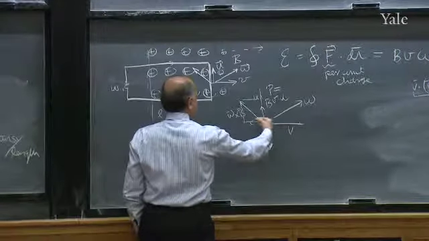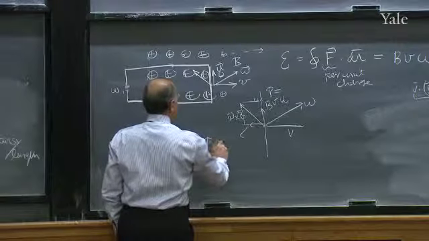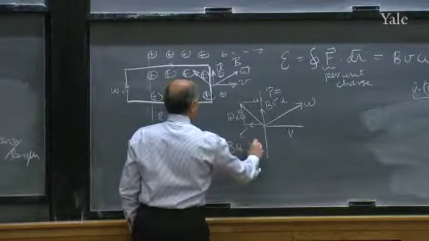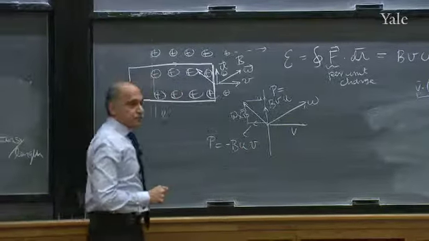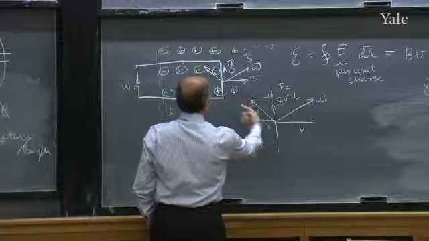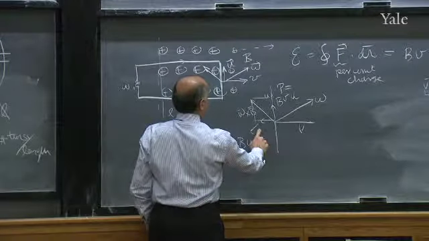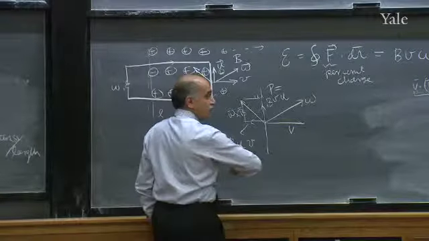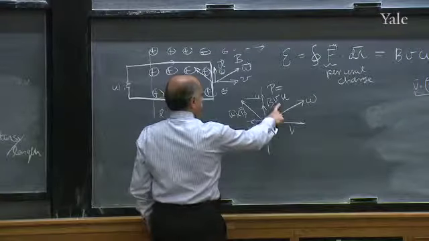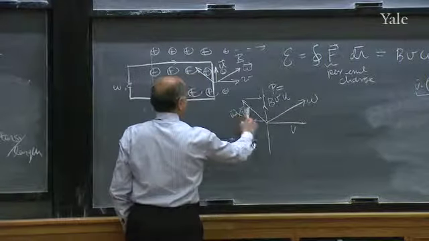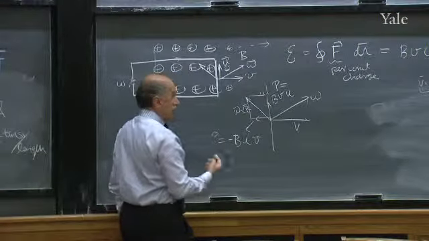But on this side, the power delivered by that component is B times U times V, but with a minus sign. In other words, if you resolve W cross B into two parts, the vertical force is due to the horizontal velocity, and the power is that times the vertical velocity U. The horizontal force is due to the vertical velocity. That's how the cross product works.